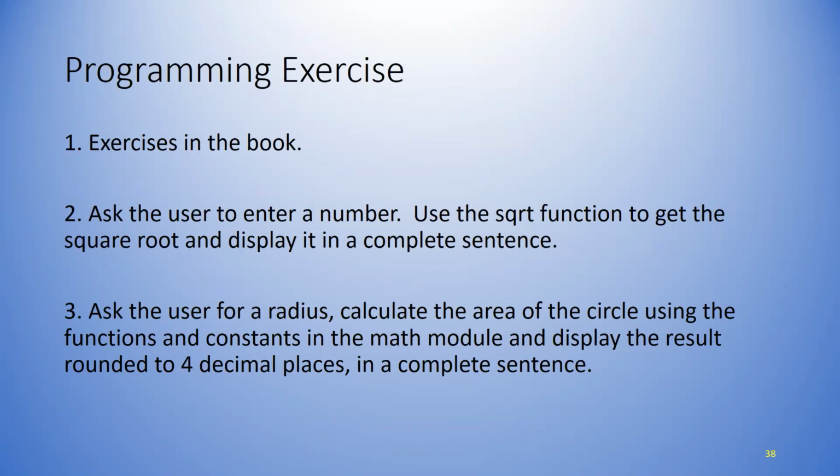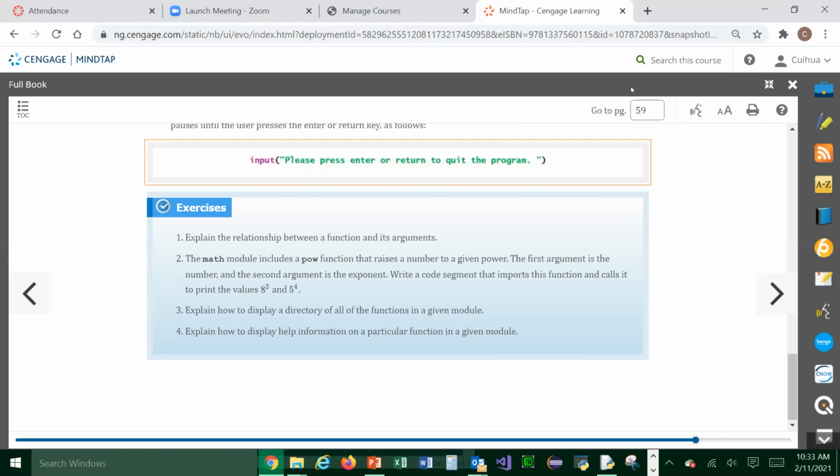Okay, now let's look at the exercises in the book. Let's go to the book. Okay, so this is page 59. Input, please press enter or return to quit the program. So here, everybody, what's the function name? Input. Yes, that's a function.